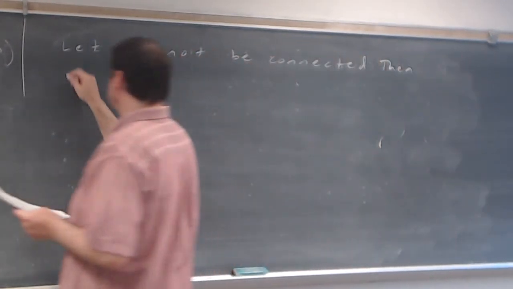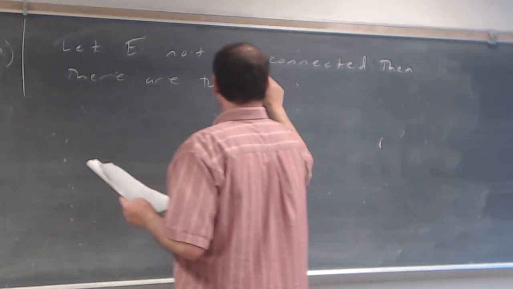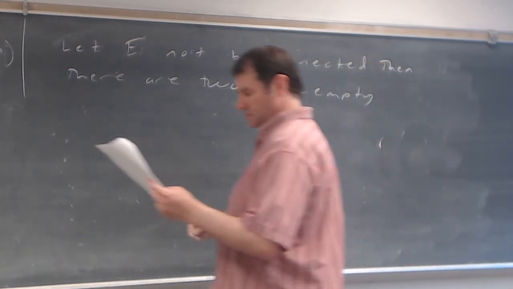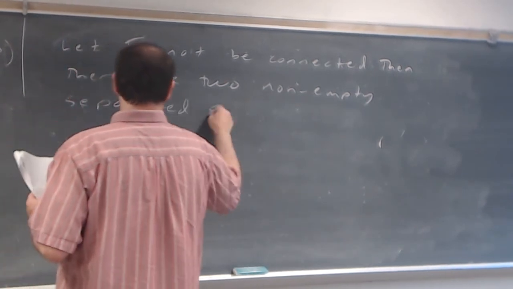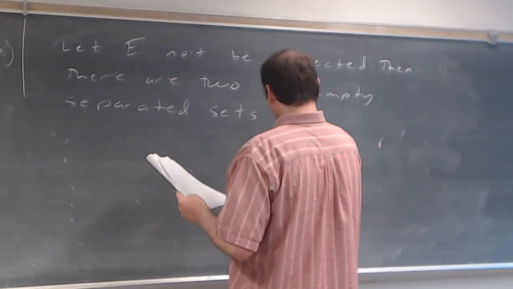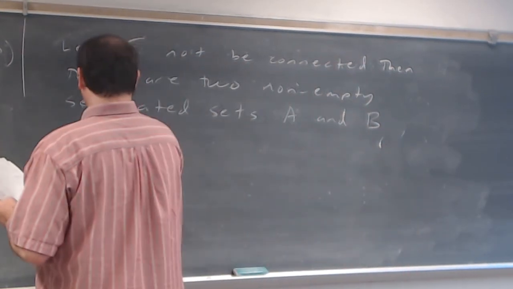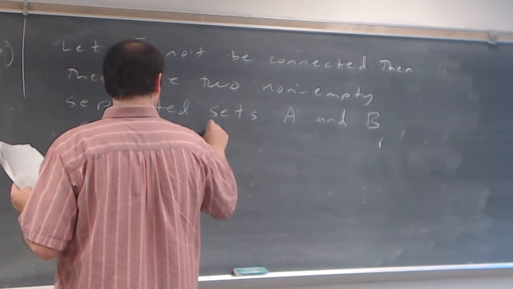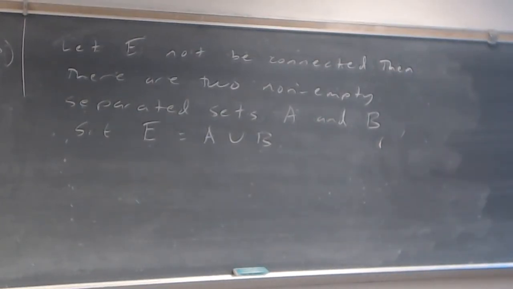Then there are two non-empty separated sets A and B such that E is equal to A union B. That's what we got. All right, so here's what I'm going to do.